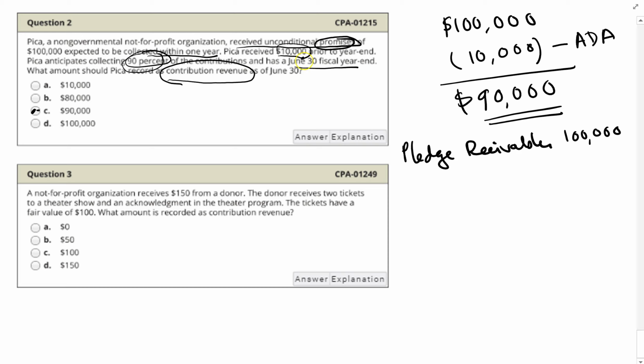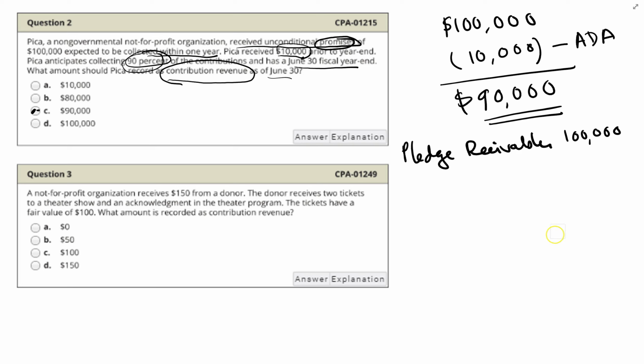This is what they already collected, and they're going to collect the rest of those portions within the year that ends on June 30th, but they will be able to collect only 90% of their entire receivables, entire promise. If you remember from your basic financial or intermediate accounting, we call those uncollectible portions doubtful accounts, and then later we will check how much we will be able to collect and show it accordingly.